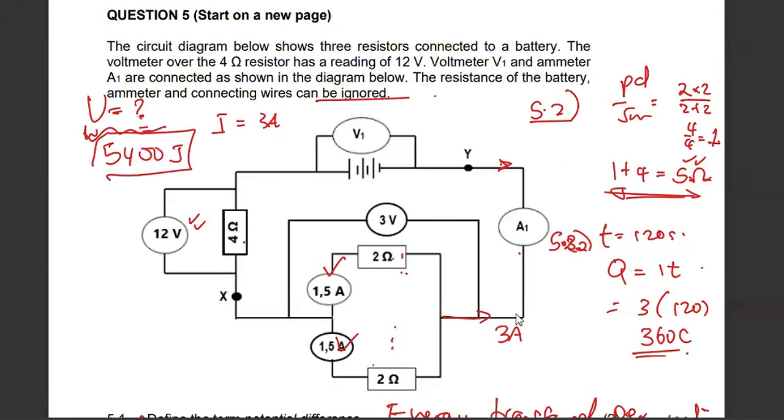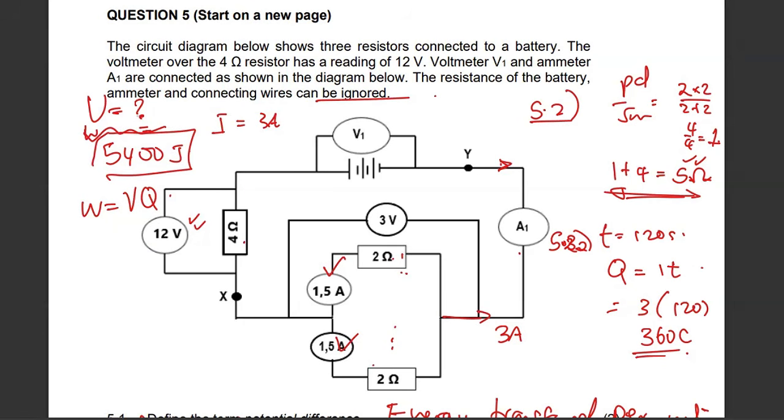If we are given this, it would represent more like the energy or the work done. So what we can use is a formula that has work done. We know that work done is given as V multiplied by Q. But what do we know?